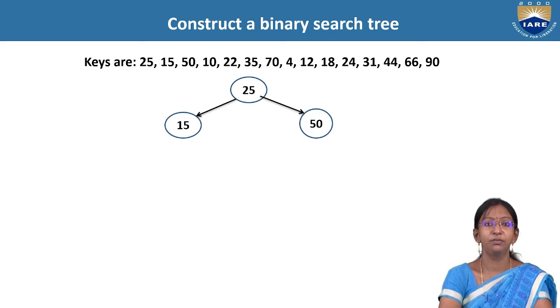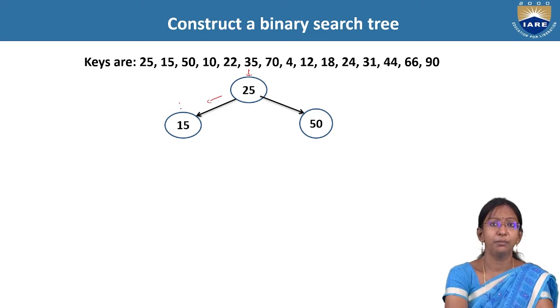Remember, when you work with trees, we have the address of only the root node. So if you want to search, delete, or insert, you have to start with the root node, comparing with the root node first. Next 10: compare it with 25, as it is less, go to the left side, compare it with 15, go to the left side.